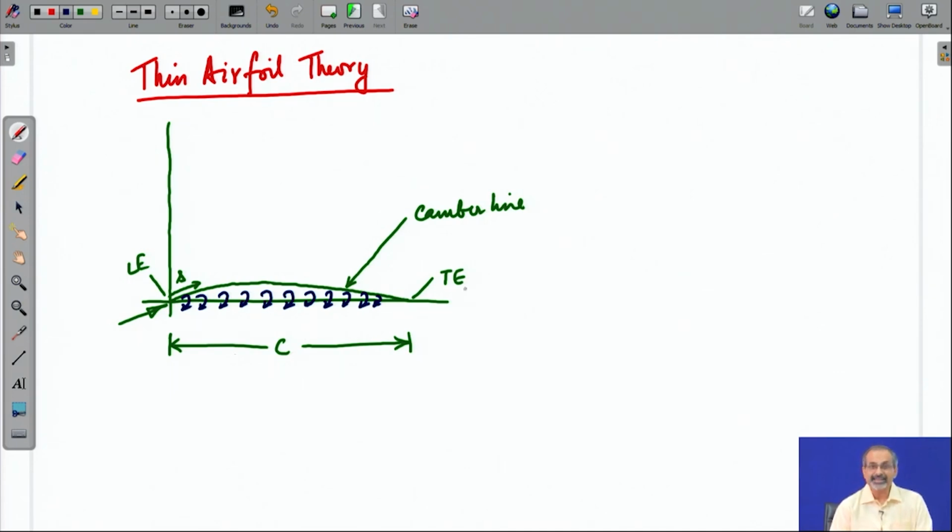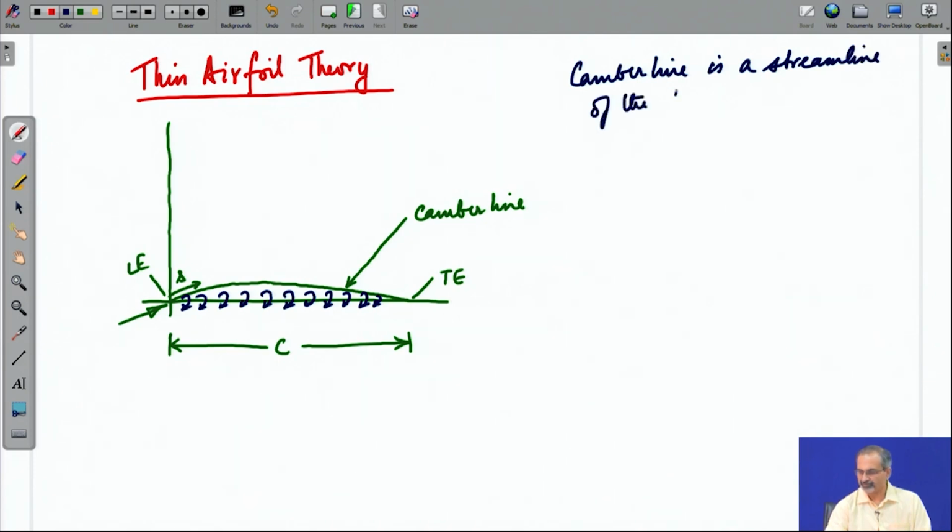But we will continue to say that the camber line is a streamline of the flow. And then what should we ensure? That there should not be any kind of a cross flow allowed across the camber line. Only then can the flow remain tangential to the camber line, and therefore, it becomes a streamline of the flow.